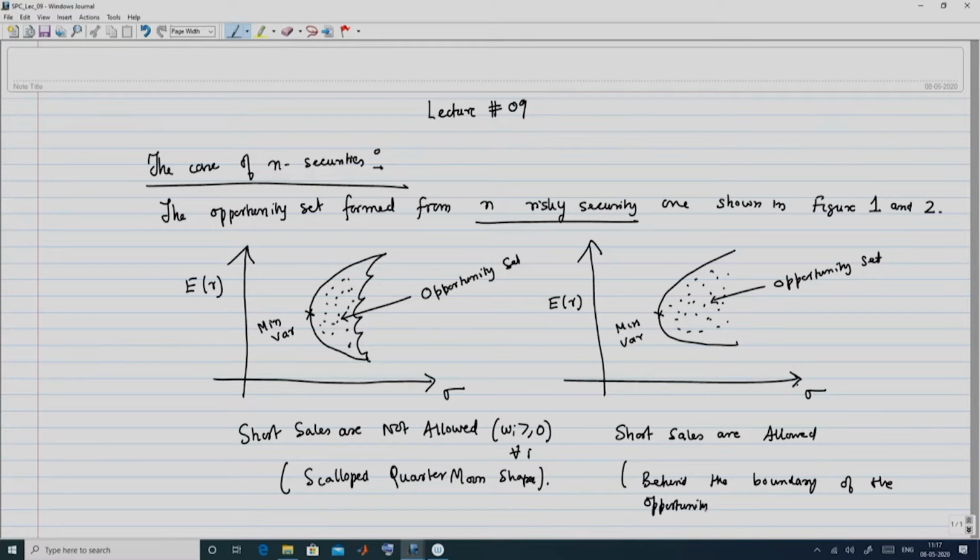So, that means that all the feasible portfolios, in case no short sales are allowed, will lie within this structure, which is a scalloped quarter moon shape, and in case short sales are allowed, that means your w_i can be any real number, it is essentially going to be the collection of all portfolios which lie beyond this particular boundary. All right.